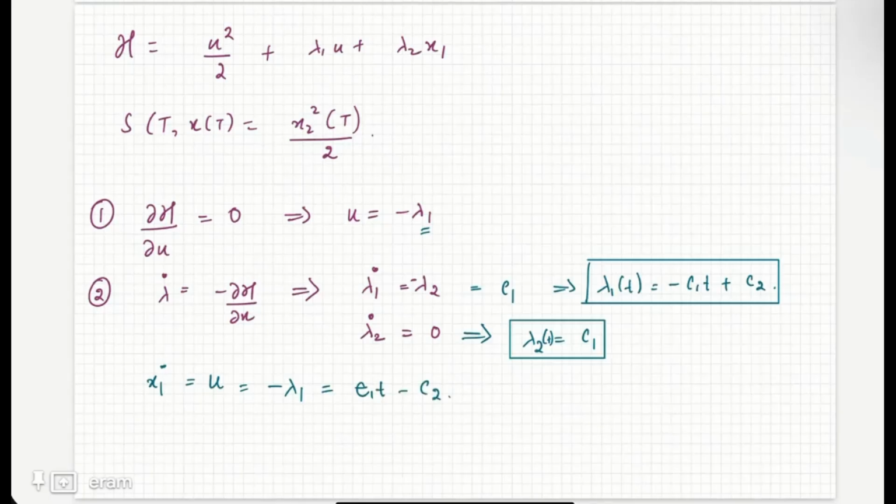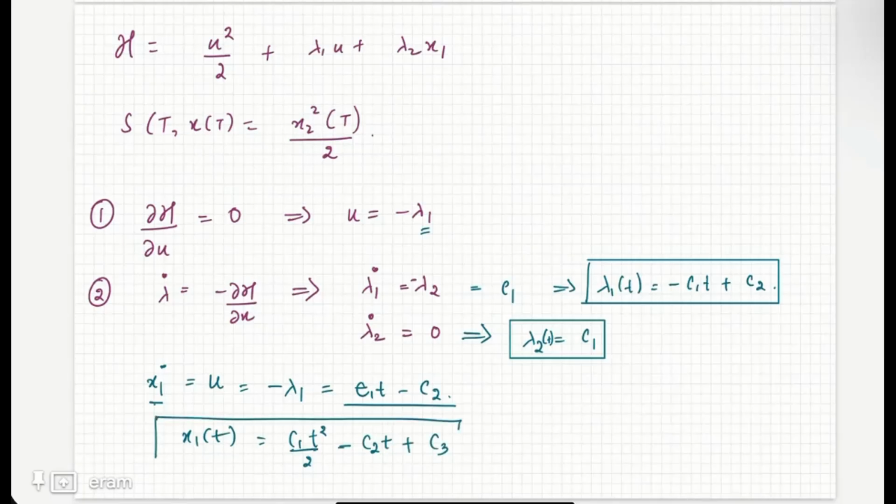From here we can integrate this term to get x1. So x1 t will be c1 t squared by 2 minus c2 t plus c3. So this is the expression for x1.